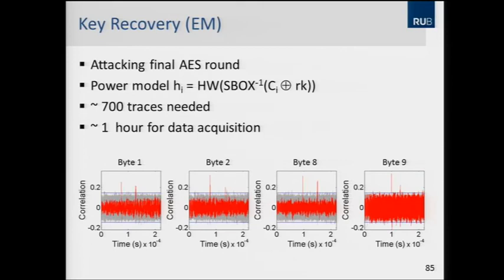So this is 1 hour of physical access to the device to get the AES key out. Again, you see the gray wrong candidates, and the one with the peaks, the red one, is the correct byte. Here it's shown for a few bytes of the key, just to explain it.